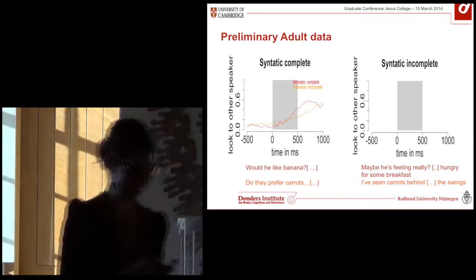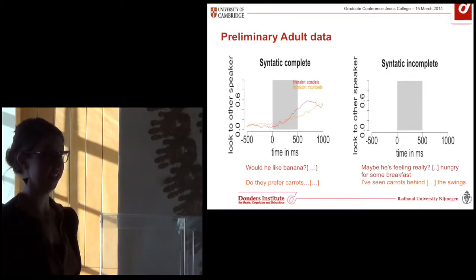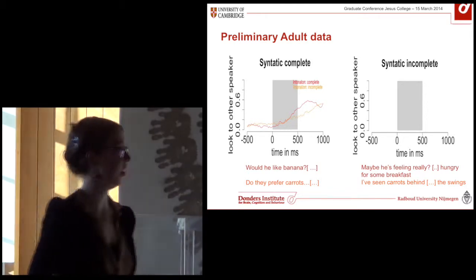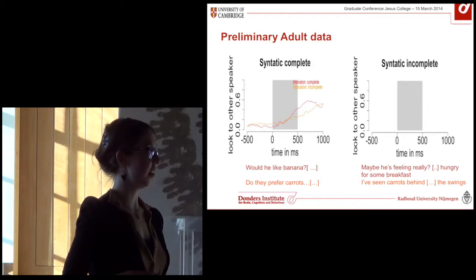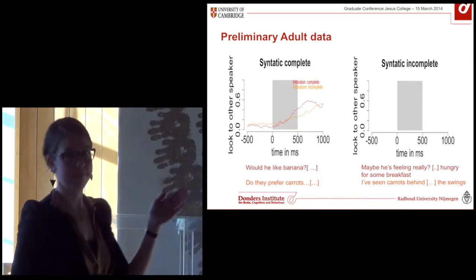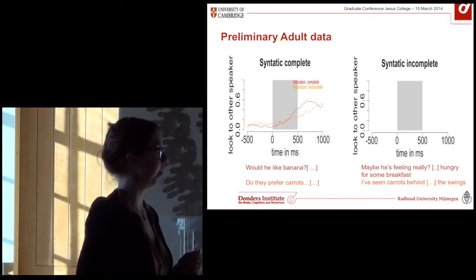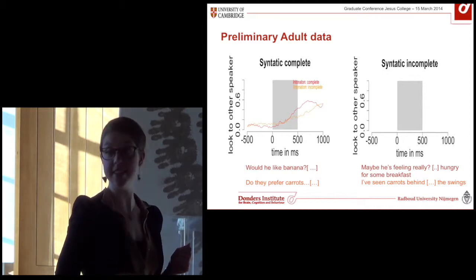That's very small. But the interesting thing is that in the syntactic complete condition, you see that they indeed anticipate a speaker change. So they realize, oh, the sentence is complete, and during the pause they're going to look to the other person. And it's really funny to see that they do use some intonation as well, because when the intonation is complete, they have a faster anticipation than when the intonation is incomplete.